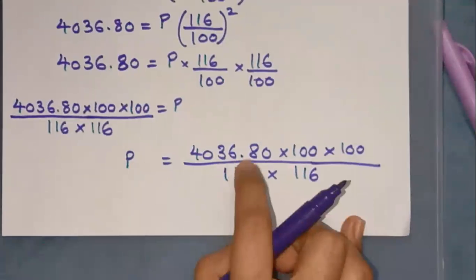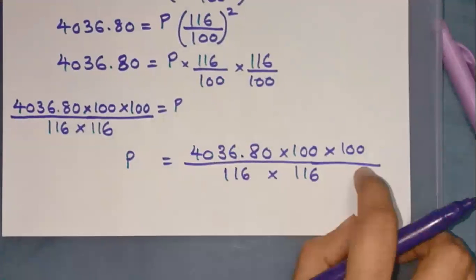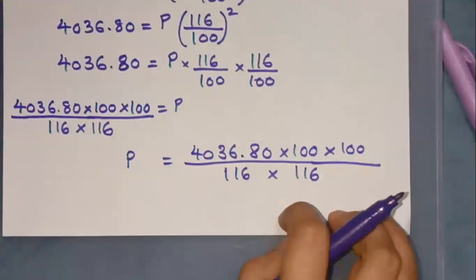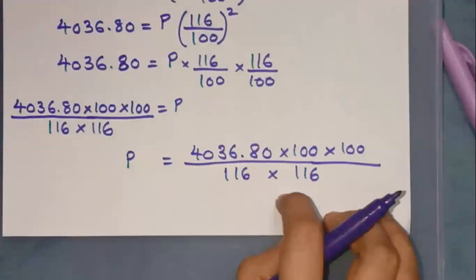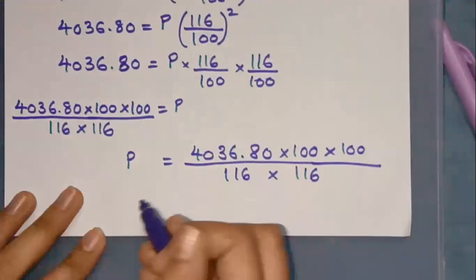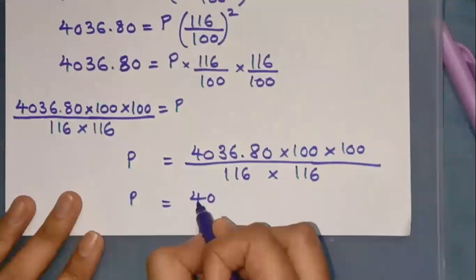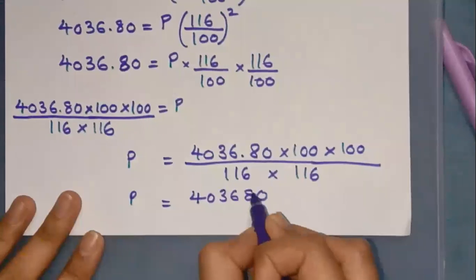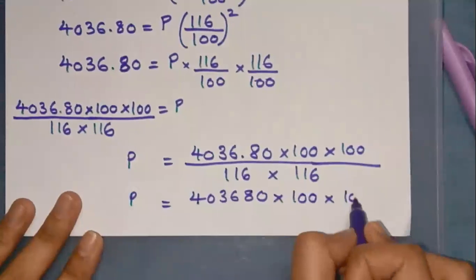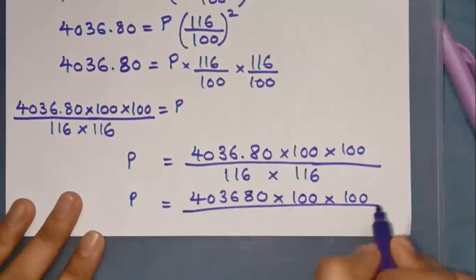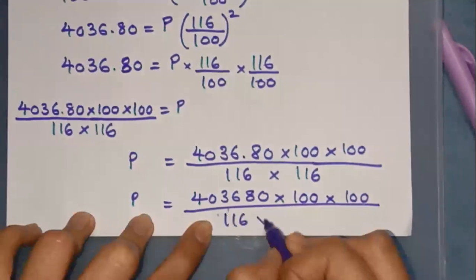So when I remove this decimal point, I will get 100 in my denominator, right? The way we used to do when we used to put a point. Now I want to remove the point, so I am going to write the number as 403680 multiplied by 100 upon 116 multiplied by 116.